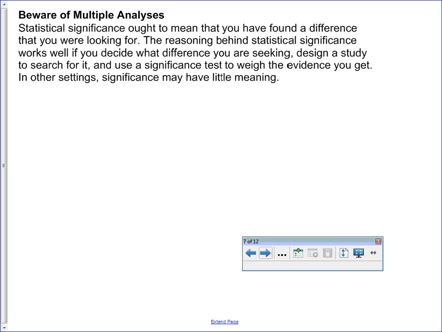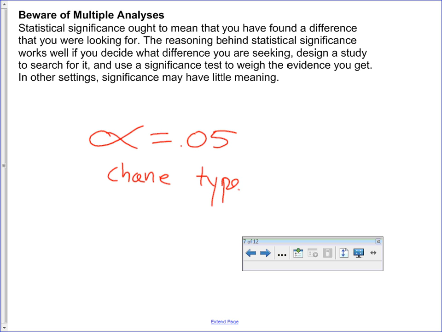Because remember that our alpha level is also the chance of a type 1 error. And remember, a type 1 error was rejecting the null hypothesis when in fact the null hypothesis was true.